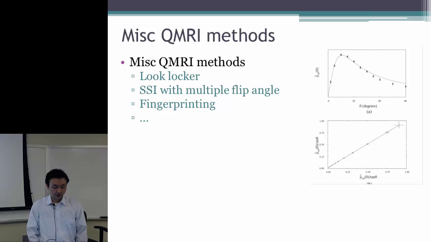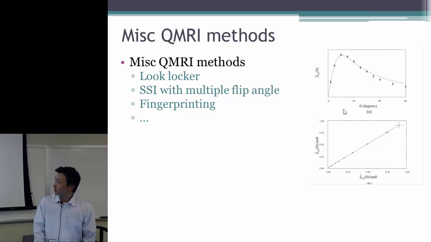The second one is the SPGR, just like the gradient echo EPI. It is gradient echo imaging with multiple flip angles. We know that when we are in steady state imaging, with a fixed TR but changing the flip angle, we can obtain a signal change as a function of the flip angle like this.